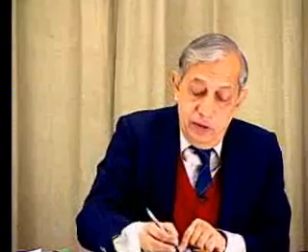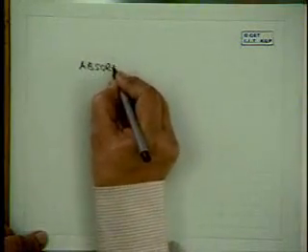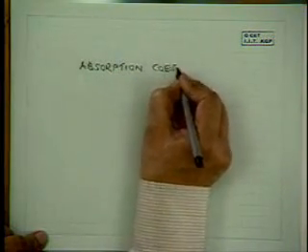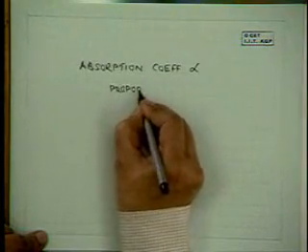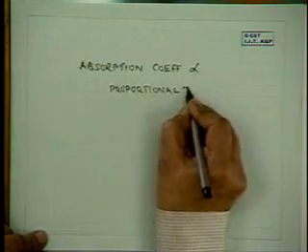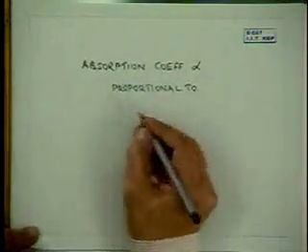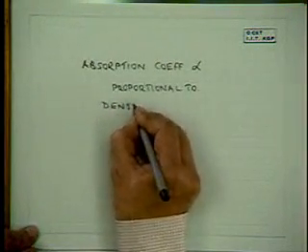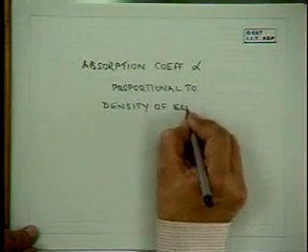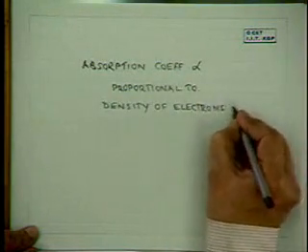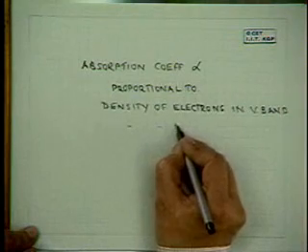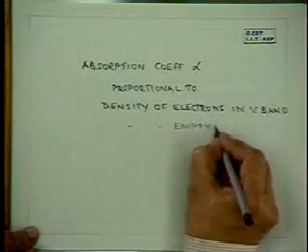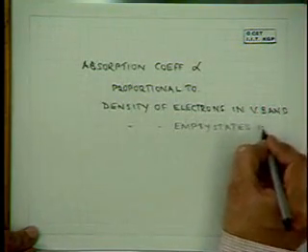So, at the outset, we can say that the absorption coefficient alpha is going to be proportional to the density of electrons available in the valence band, and the density of empty states in the conduction band.